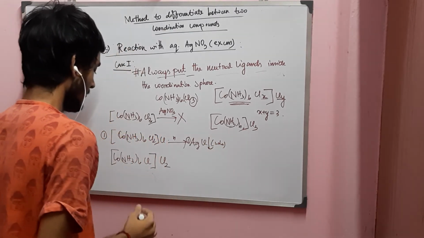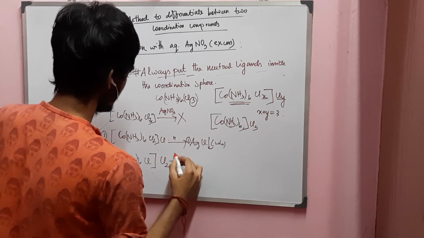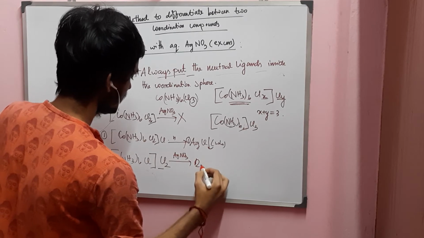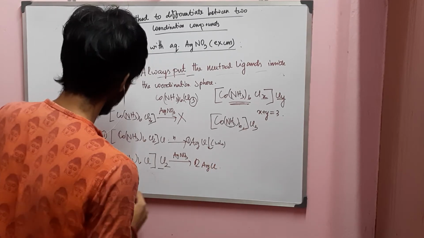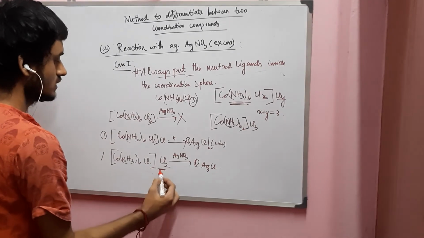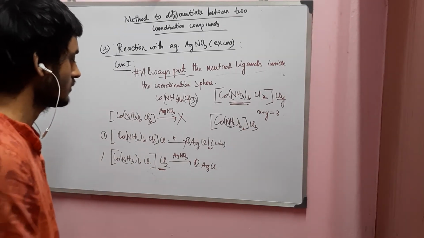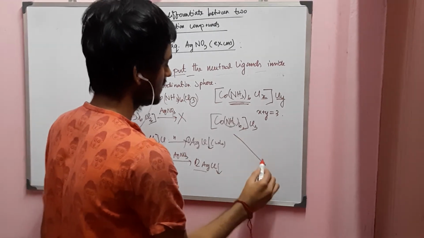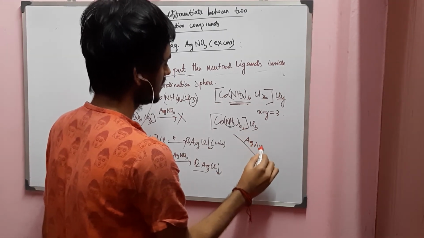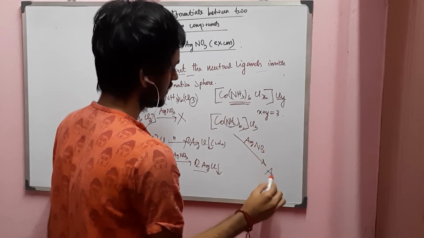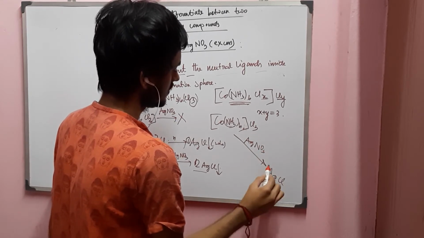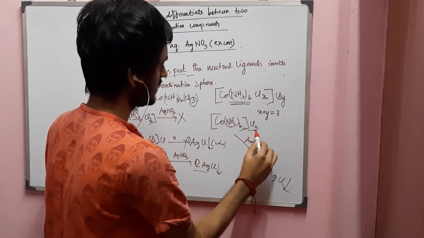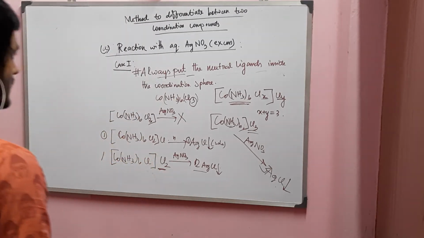The third will give 2 moles of AgCl of white precipitate, because there are 2 Cl atoms outside the coordination sphere. And the last will give 3 moles of AgCl precipitate, because there are 3 Cl atoms outside the coordination sphere.